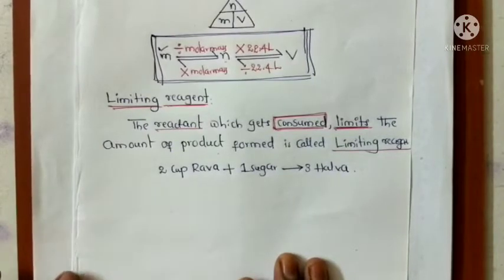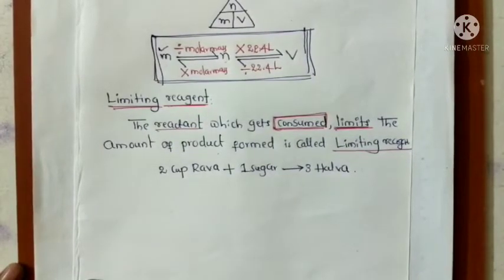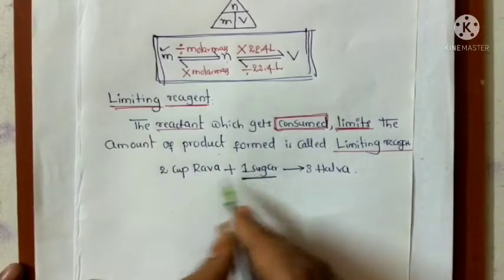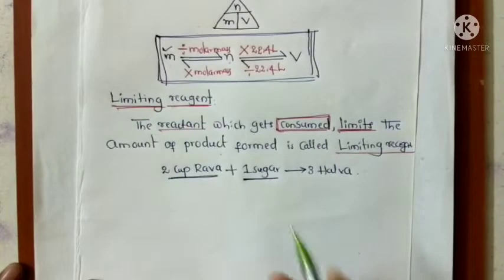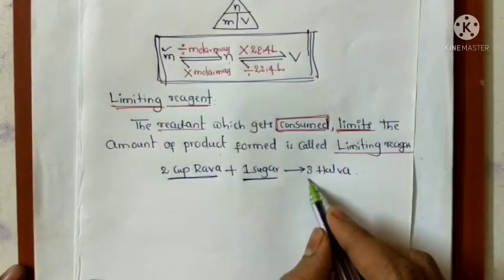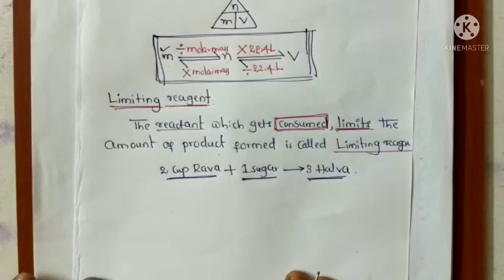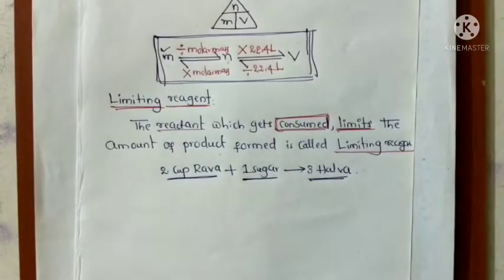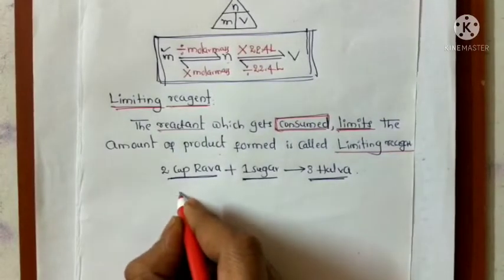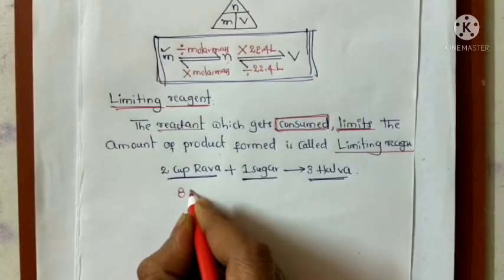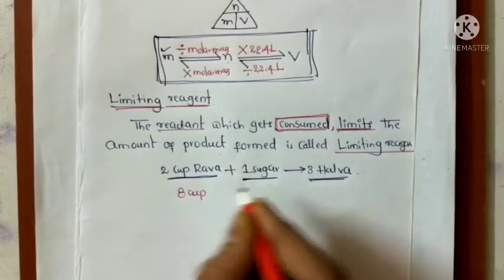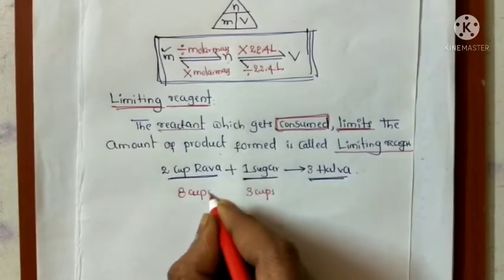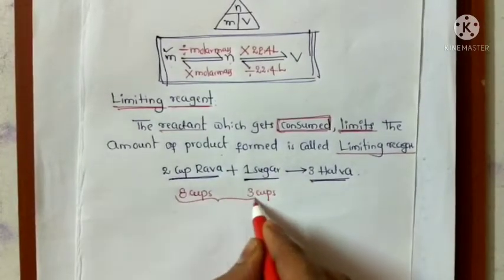So from this we can say that 1 cup of sugar will be needed for the 2 cups of rava for making the 3 cups of halwa. So here available are 8 cups of rava and 3 cups of sugar.